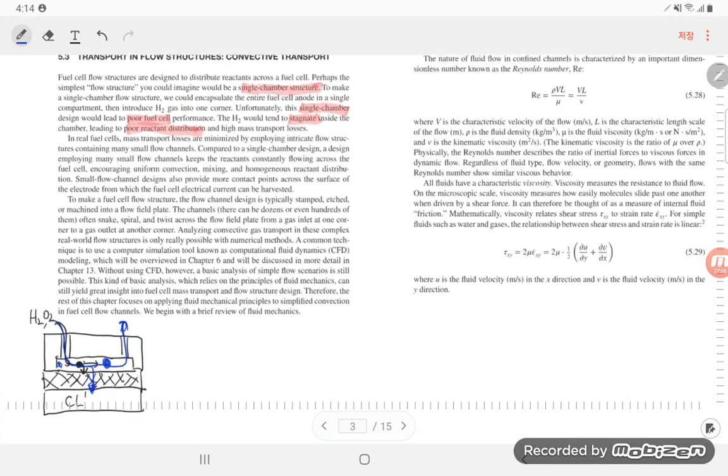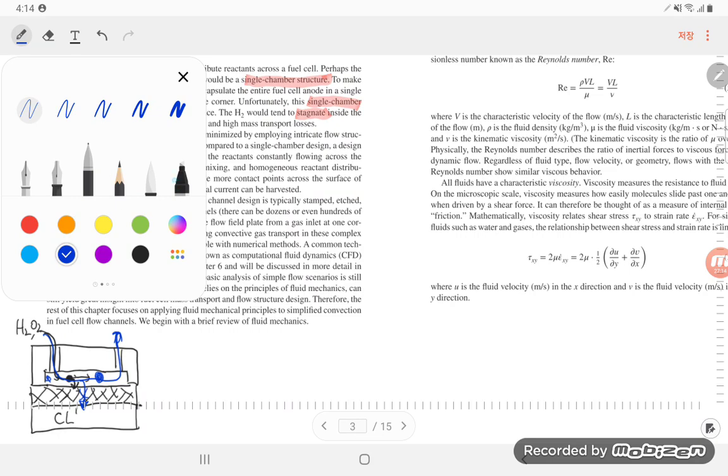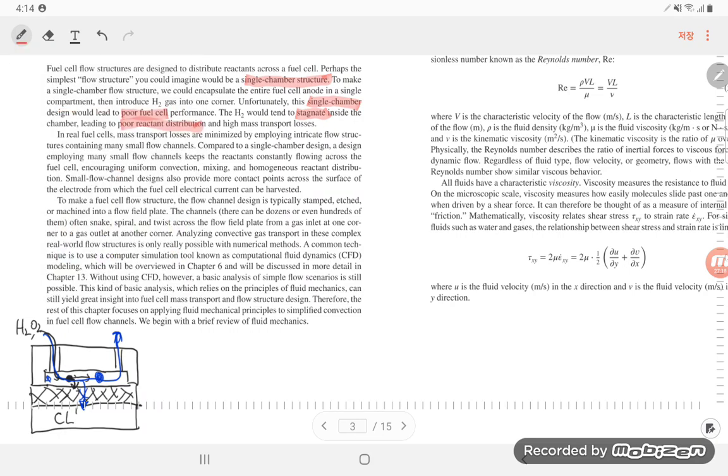So in real fuel cells, mass transport losses are minimized by employing intricate flow structures, flow structures containing many small flow channels.